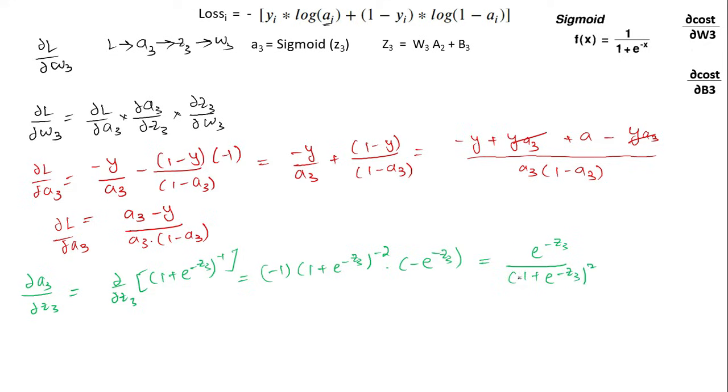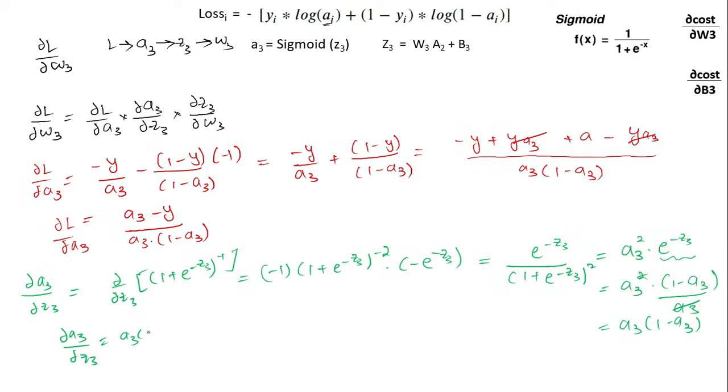Also 1 upon (1 plus e power of minus z3) is nothing but a3. So this can also be written as a3 square multiplied by e power of minus z3. And if you write e power of minus z3 in terms of a3, it will come out to be (1 minus a3) upon a3. This and this will be cancelled and we will get a3 times (1 minus a3). Thus our del a3 by del z3 is equal to a3 (1 minus a3).